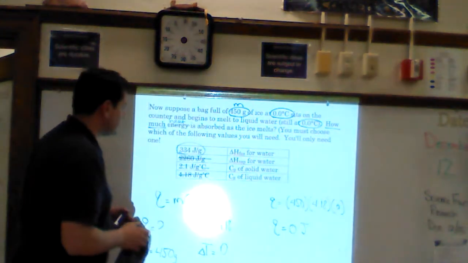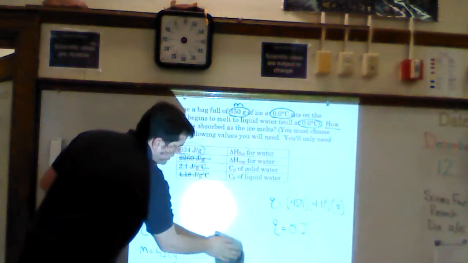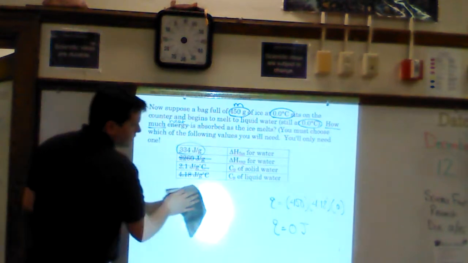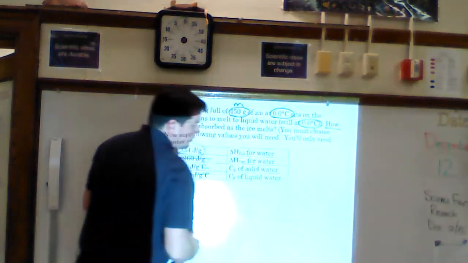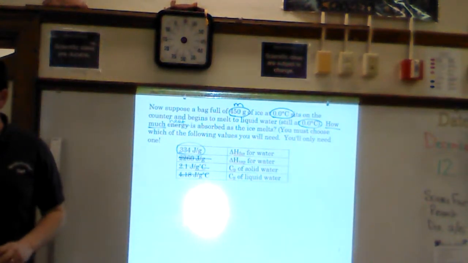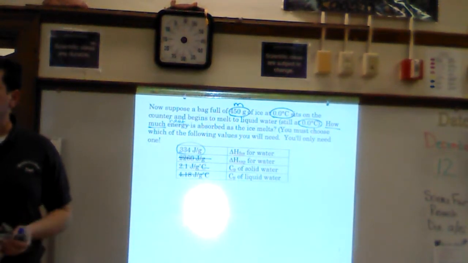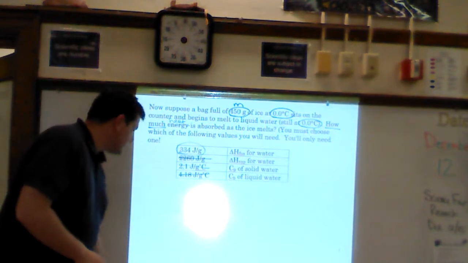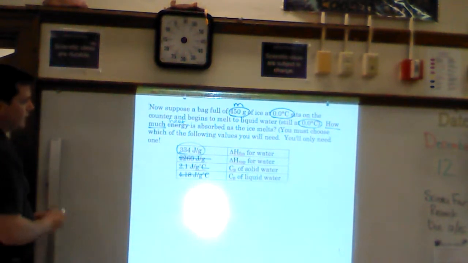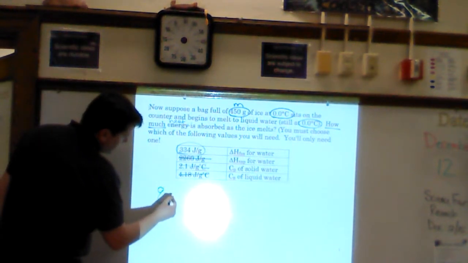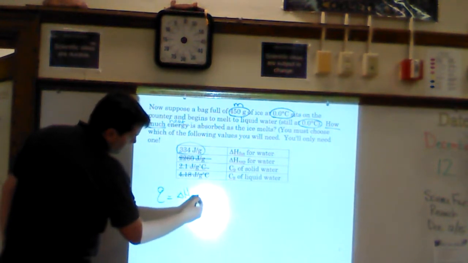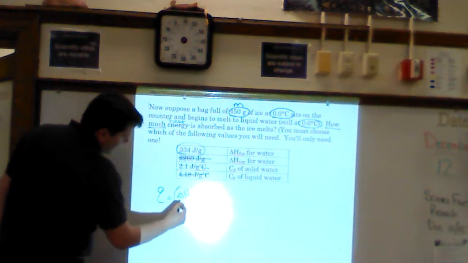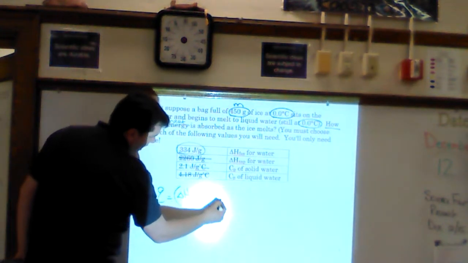So here's what you do. And guys, by the way, this is just like that other homework that I gave you, where I gave you 5 questions. They all had to do with latent heat, and they all were just multiplication problems. Okay? So what you do is this. Q equals delta H fused times the mass.